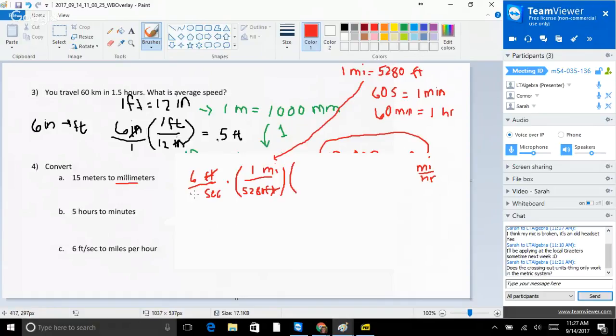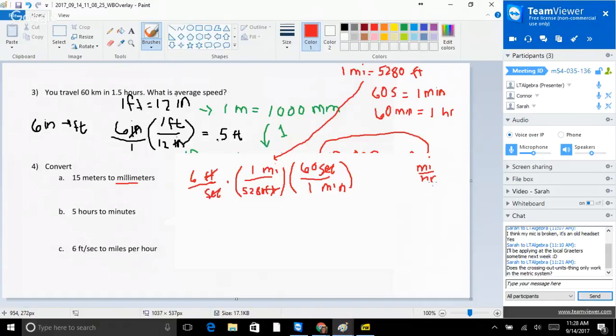All right. So now I have seconds down here. So in order to cross off seconds, I have to put seconds to minutes in this order. Because what that's going to let me do is for 60 seconds, there's 1 minute. So that lets me cross off seconds to seconds. And I'm left over with minutes. Well, I'm getting closer.